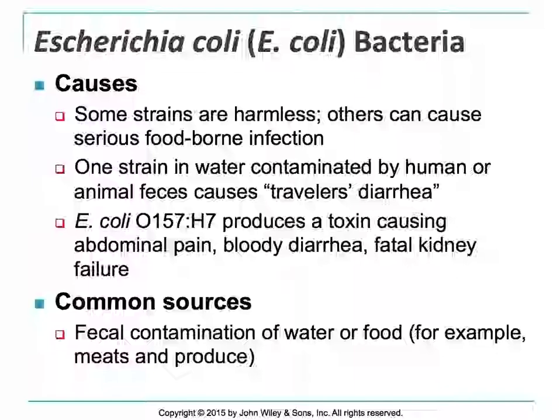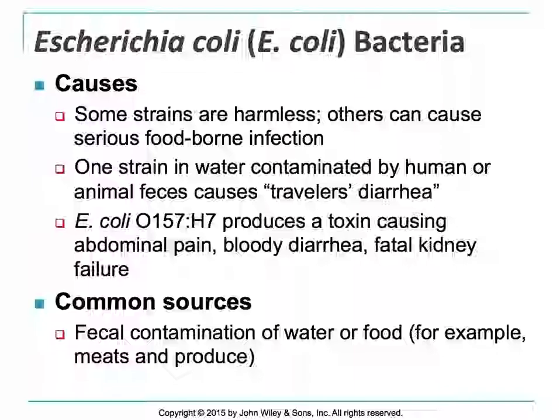So different strains of E. coli. This one in particular, E. coli O157:H7, produces a toxin causing abdominal pain, bloody diarrhea, and fatal kidney failure. Common sources of E. coli include fecal contamination of water or food, for example, meats and produce. So while E. coli is a fecal contaminant and certain strains of it are very, very harmful, E. coli is also a naturally occurring bacteria in the soil that we eat.